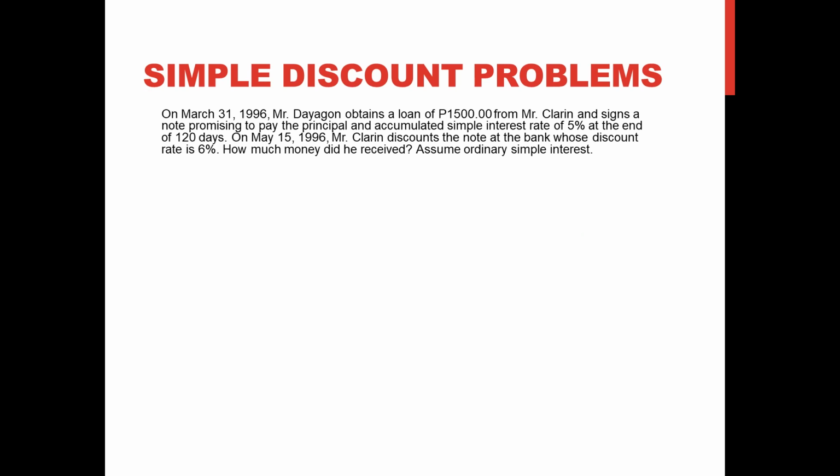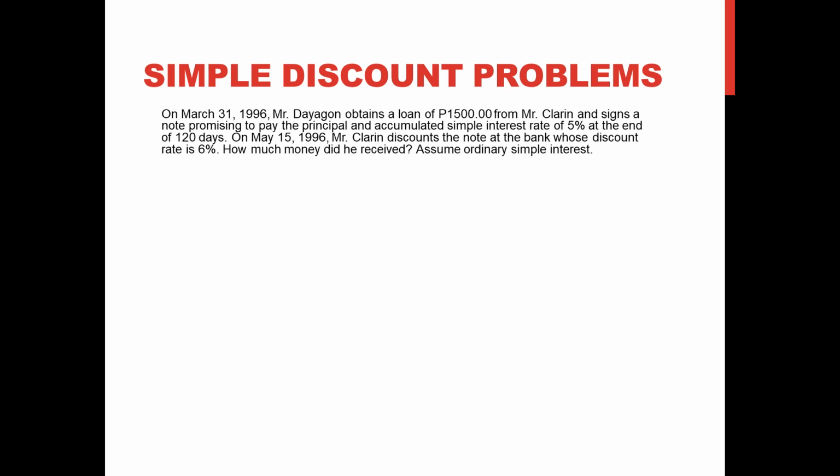So basically, we identify here the given. So we have the date here, March 31, 1996. Si Mr. Diagon had obtained a loan of 1,500 pesos. So the duration is 120 days. And then after how many months?